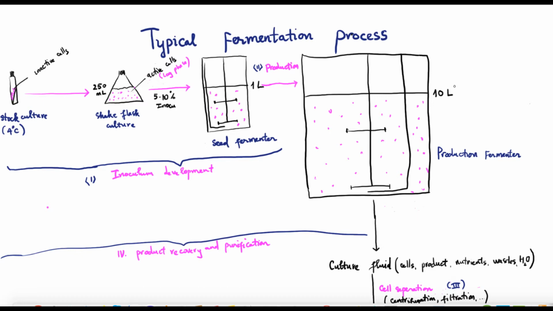So this 10 liters should consist of 0.5 to 1 liter of inoculum, right? Then 9 to 9.5 liters of medium.